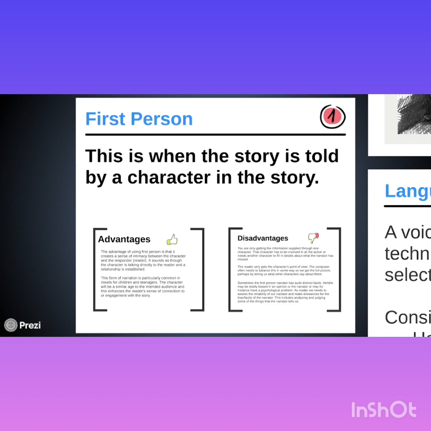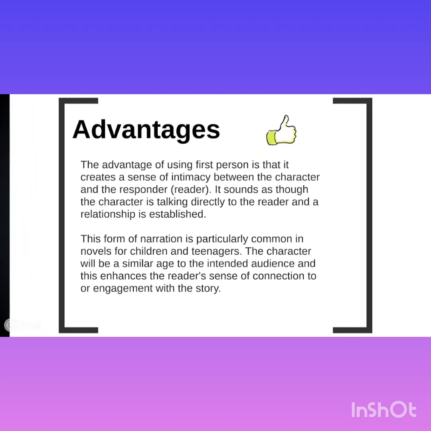First person is when the story is told by a character in the story itself. There are many advantages to writing in first person. For example, it creates a sense of intimacy between the character and the reader. It makes it seem as though the character is talking directly to the reader and builds a bond.